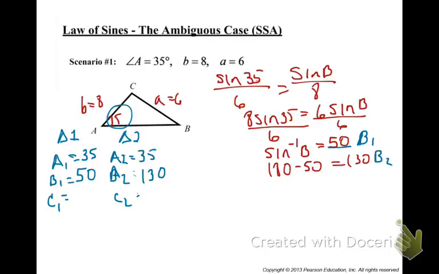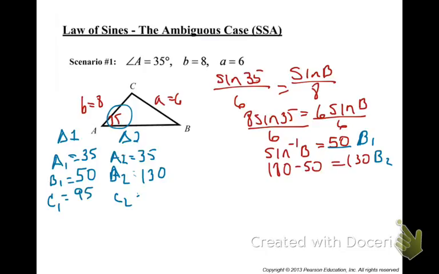You're going to go back and figure out if or what our angle C is. What is this angle right here? So if I have 35 and I have 50, what would C have to be? 95. Yeah, 95.